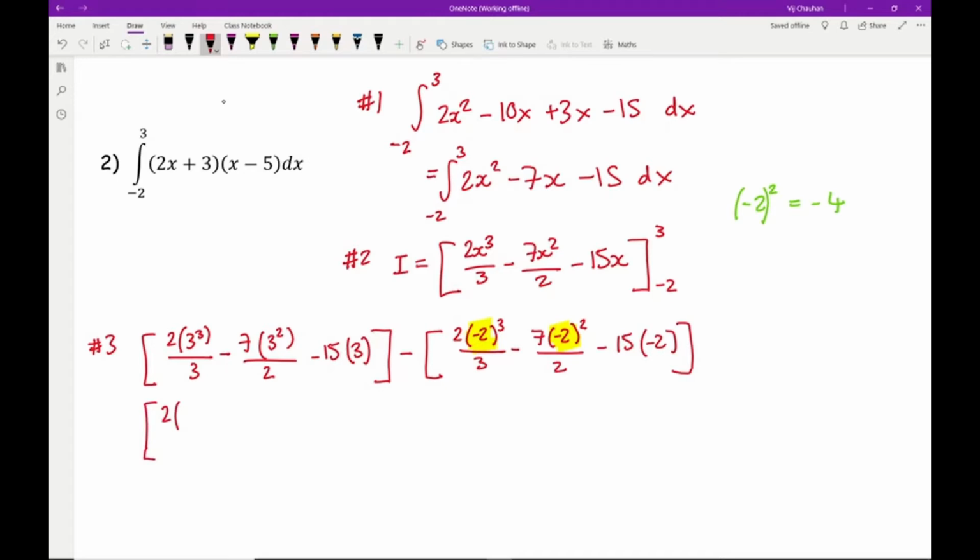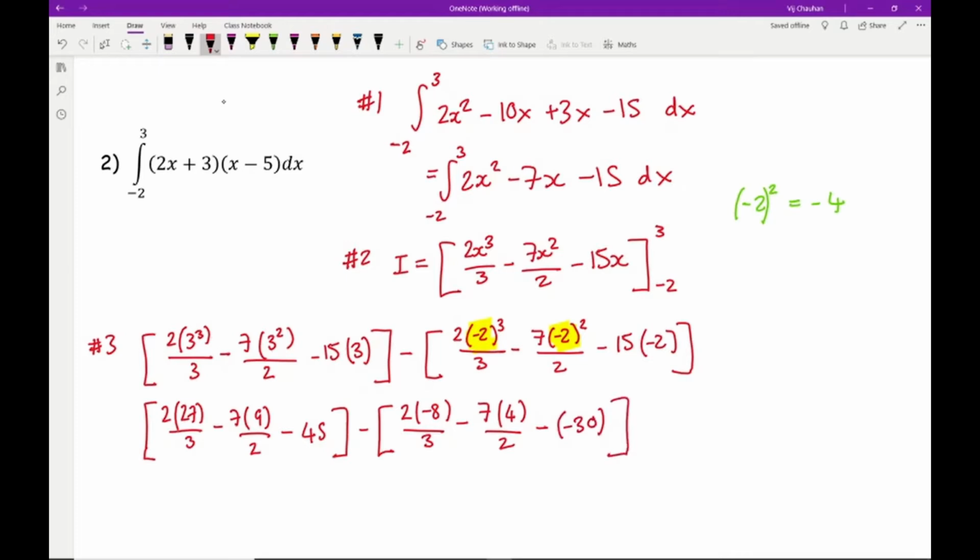So I've got 2 times 3 cubed. 3 cubed is 27 over 3 minus 7 times 9 over 2 minus, now I can work this out, 15 times 3 is 45, close bracket, minus, then I've got 2 times, now minus 2 cubed is going to give me minus 8 over 3, minus 7, now minus 2 squared gives me 4 over 2, minus, and then this is going to give me minus 30.